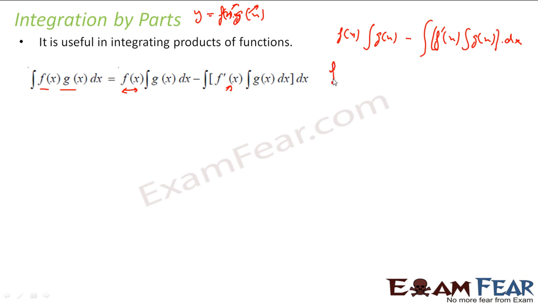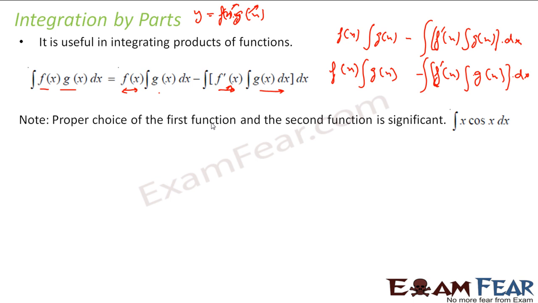The only thing I am doing here is making it f dash x, and then the whole thing I am again integrating. That's all. That is what the formula says.